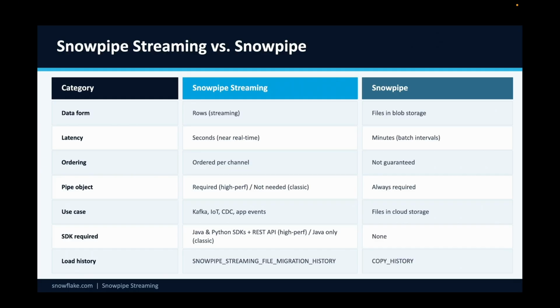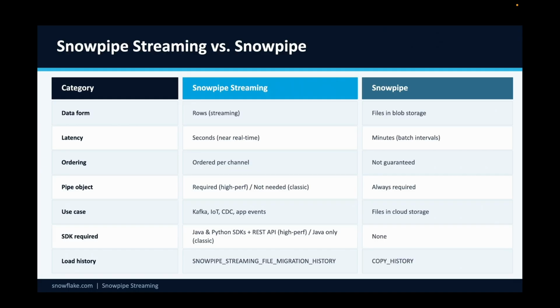By category, let's compare Snowpipe streaming with Snowpipe. Data form: Snowpipe streaming accepts rows, the streaming records, whereas Snowpipe accepts files in blob storage. The latency is seconds, which is near real time, in Snowpipe streaming. In Snowpipe, typically in batch intervals, you would expect minutes.